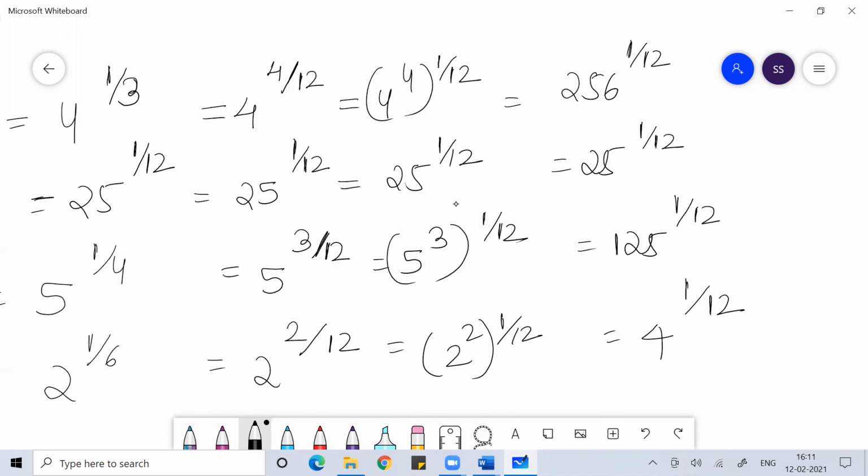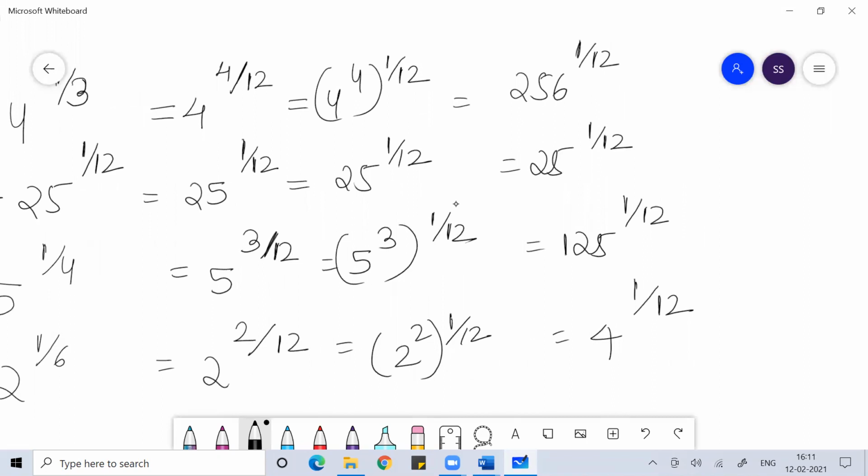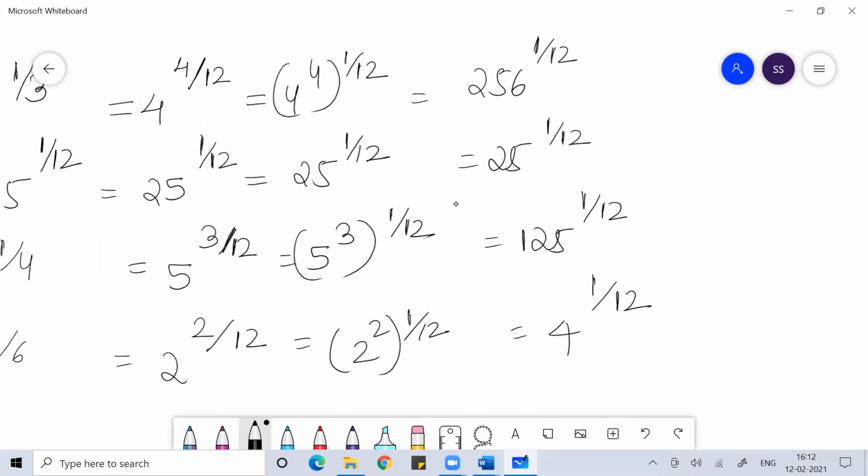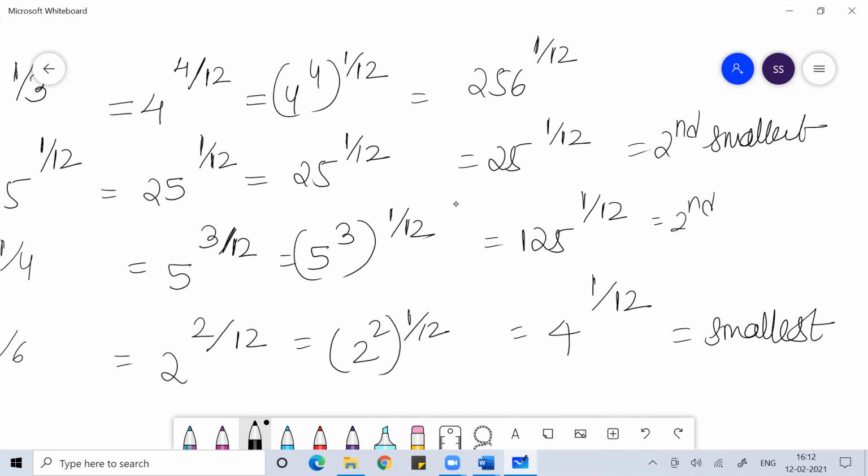So now, either you can make the base equal or you can make the power equal. Here I made the power equal. So the power is 1 by 12, same in all the cases. Now it is very easy. Which is the smallest? This is the smallest. Then this is second smallest, then this is second largest, and then this is largest.